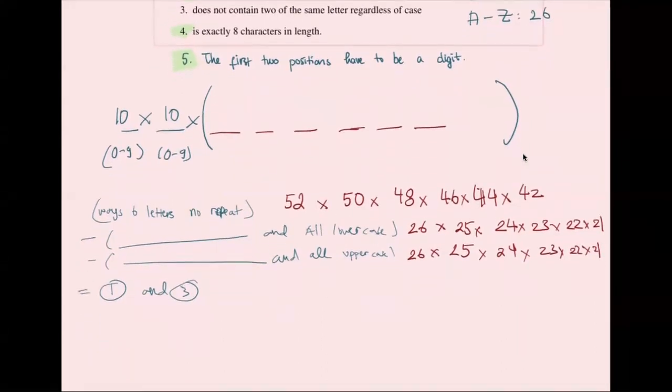So it would be this number here, right? So if I take this number and subtract this, I would have the number of ways to get 6 letters that satisfy both condition 1 and condition 3.